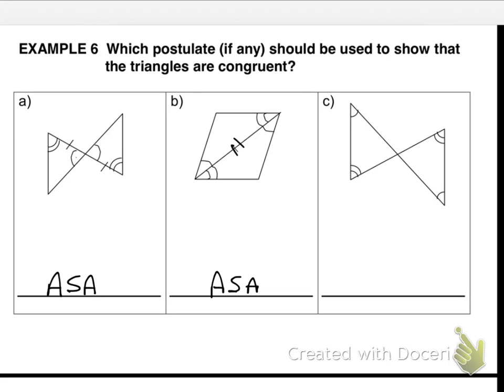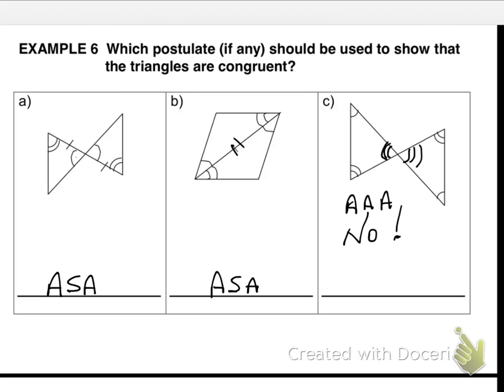Now, looking at what we have in C, and this is something that you need to watch. We have vertical angles, and so vertical angles are congruent. We don't necessarily know that those sides are congruent because they're not marked. And so this really is angle, angle, angle. And that does not prove congruency.